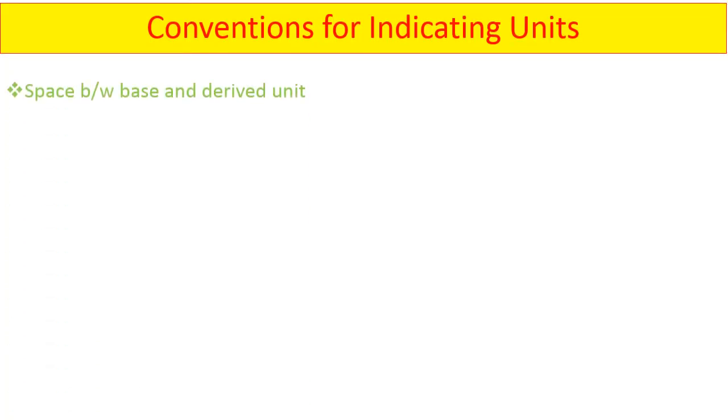Let us take another convention, space between base and derived units. There should also be a space between a base and a derived unit. For example, if we write 35 Nm like this, that will be wrong.